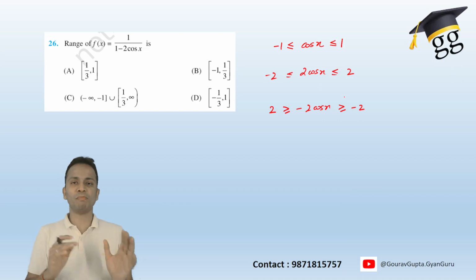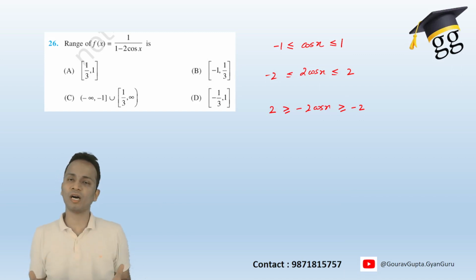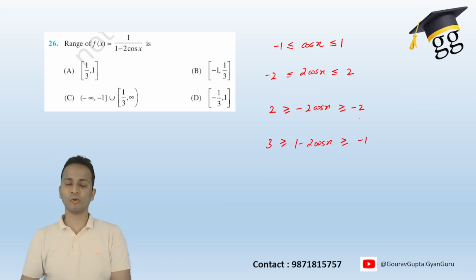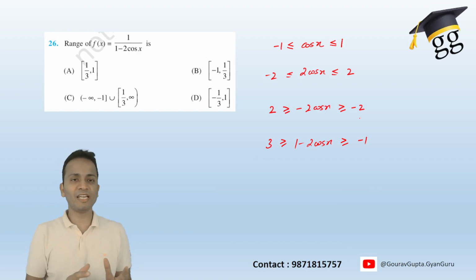So the value of -2 cos x will again lie between -2 and +2. Now 1 minus 2 cos x, if I add 1 on both sides, will lie between 3 and -1. So its maximum value can be 3 and the minimum value can be -1.